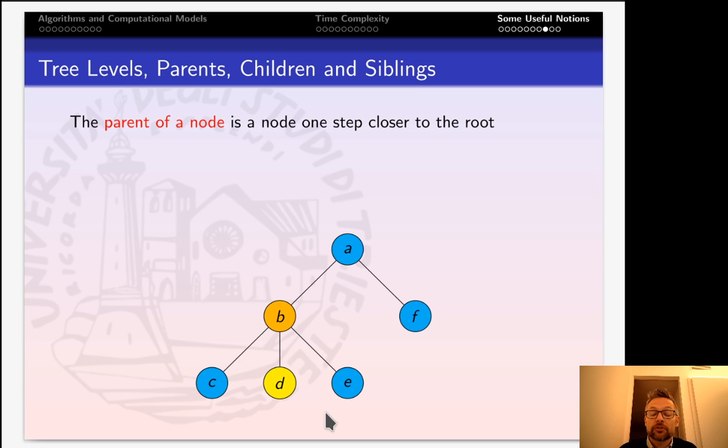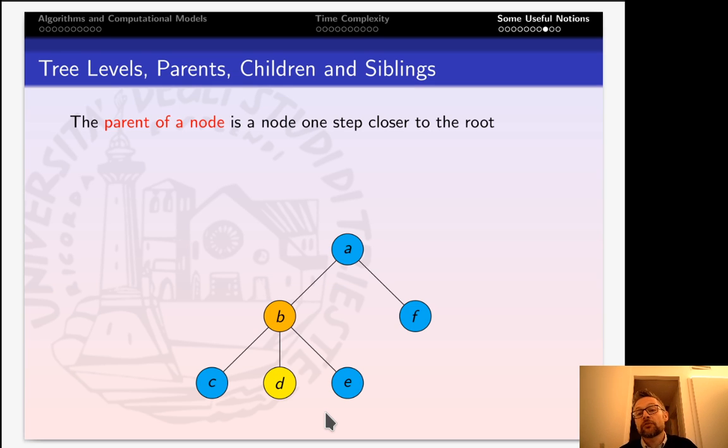Okay, and since we are dealing with a hierarchical data structure, we can identify, for instance, the parent of a node. So what's the parent of a node? It is the node connected to the node we are dealing with, which has depth minus 1. So for instance, in this case, we may wonder what's the parent of D. Well, the parent of D is B, because B is the only node connected to D whose depth is the depth of D minus 1.